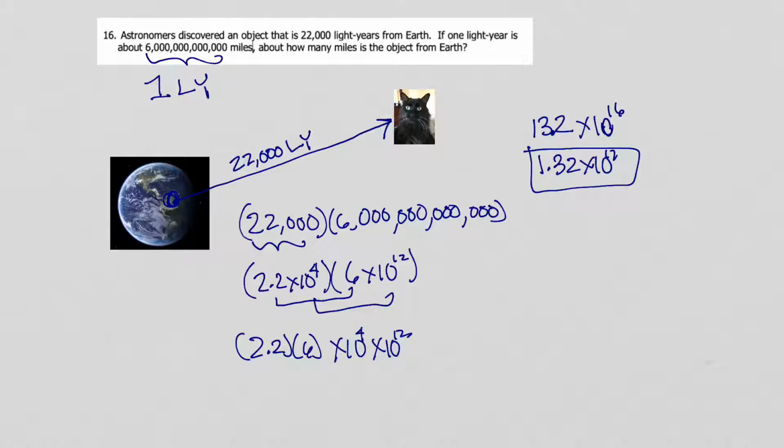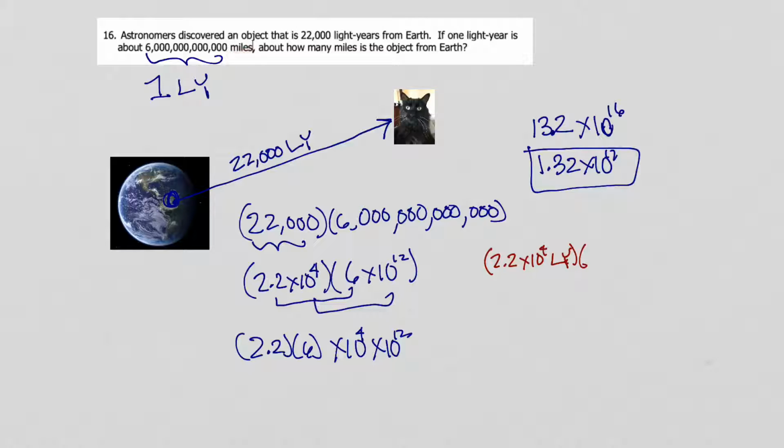But just to be sure, let's take a look at something. This number here is light years, right? We have 2.2 times 10 to the 4th light years. And this number is the number of miles per light year, right?